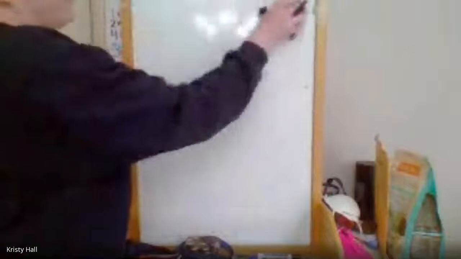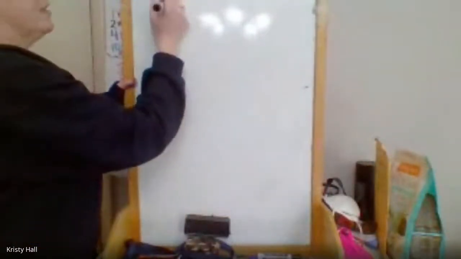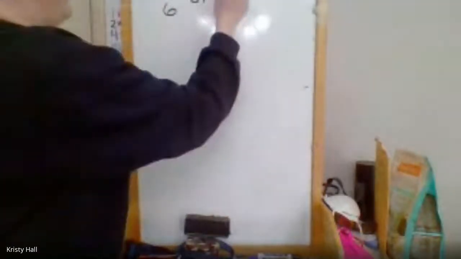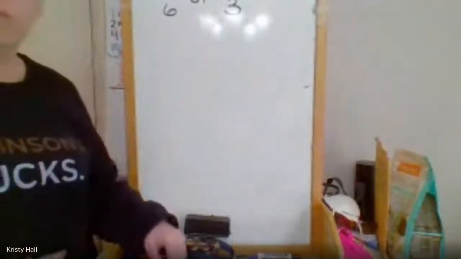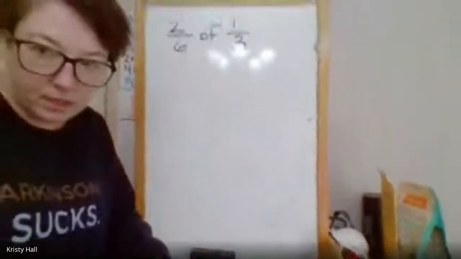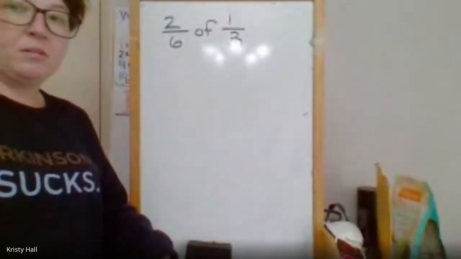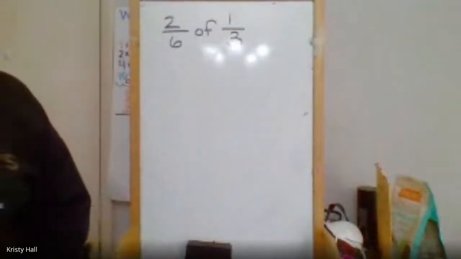Okay. Let's go to our next problem. 2/6 of 1/3. Can you see that? There we go. Matthew, can you tell me what this problem is asking us to do?